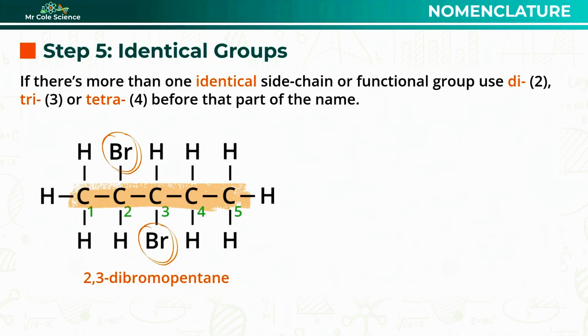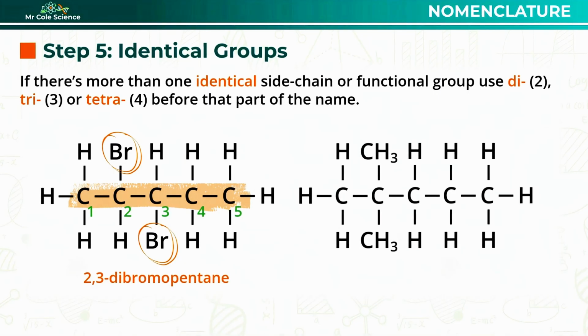But what if we have multiple identical groups attached to the same carbon atom? Well, we just follow the same process. Longest carbon chain containing the main functional group is 5, giving us pent as our stem. The only functional group present is carbon-carbon single bonds, telling me it's an alkane, so we add the suffix ane, giving pentane.